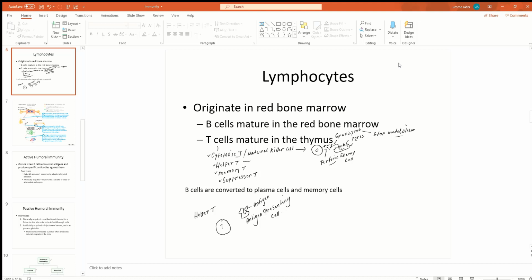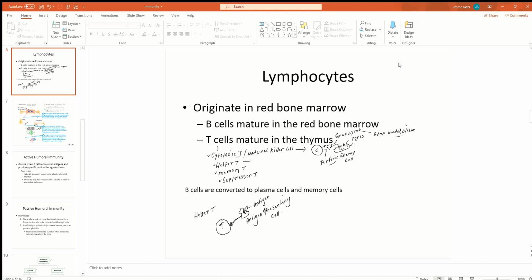Okay, the antigen presenting cell, just think of the name of it, presents the antigen to the helper T cell. So the antigen presenting cell will bind or hold the antigen and take it to the helper T cell. Okay, present it to the helper T cell.